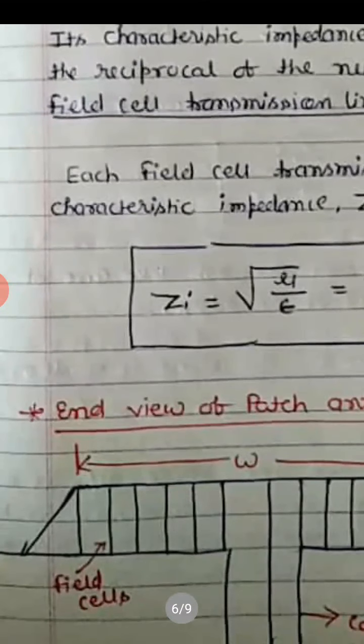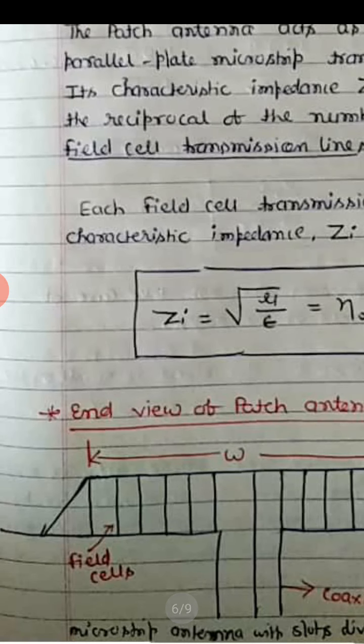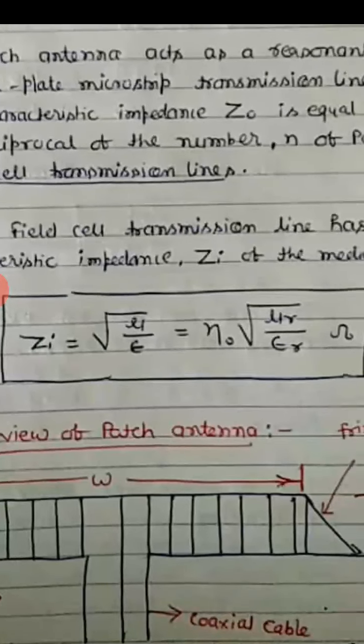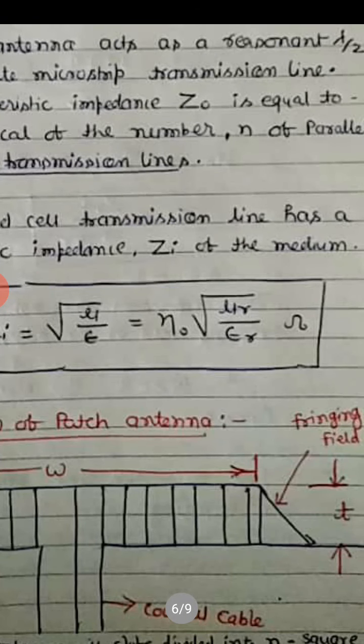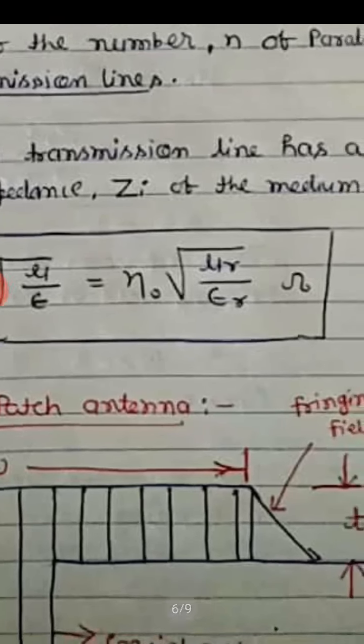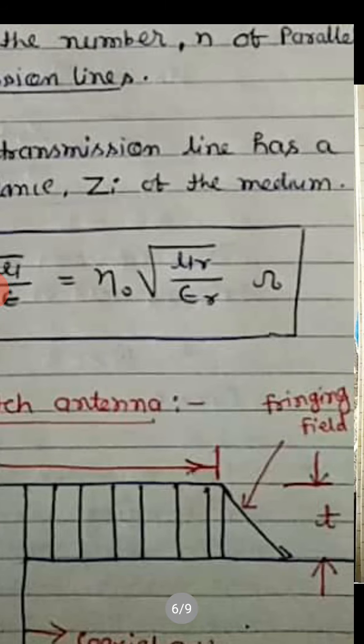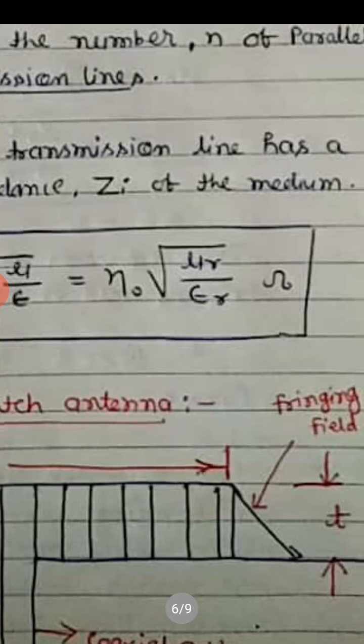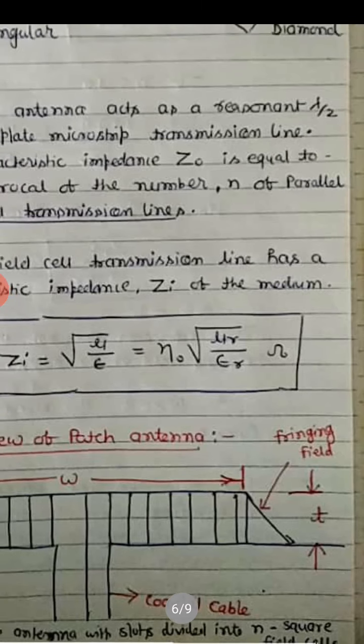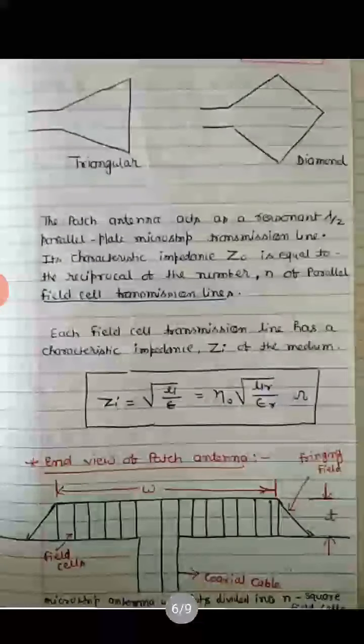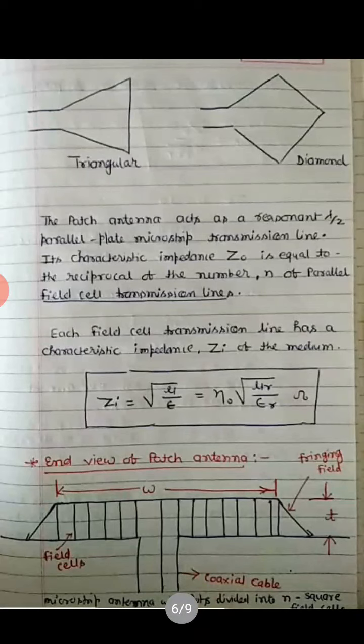At the end you can see diagonal lines. Basically these are called a fringing field, where the field is bent, and this is the radiation. So we can see the radiation from the microstrip patch antenna occurs at the ends of the patches.